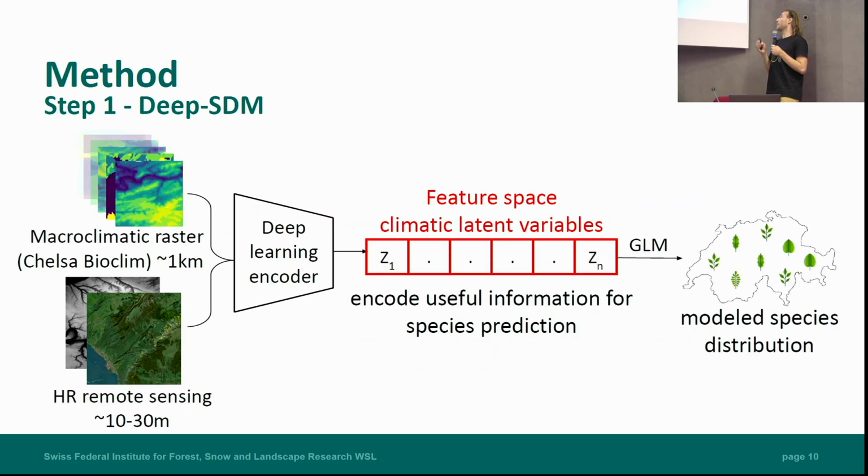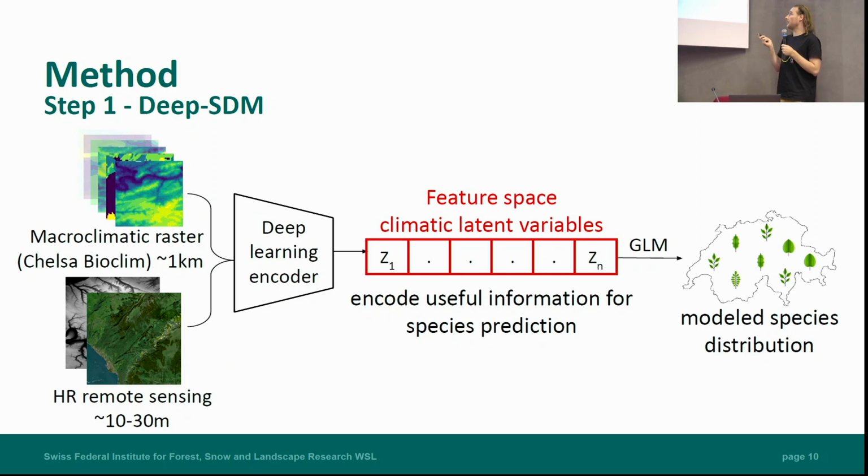So here is a very schematic view of a Deep-SDM. We can use different data as input. We will use Chelsea bioclim and some high-resolution remote sensing data, so elevation and Sentinel imagery. Then you train the model to predict the distribution of multiple species at the same time.